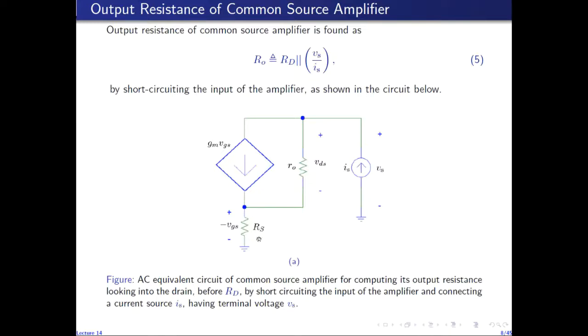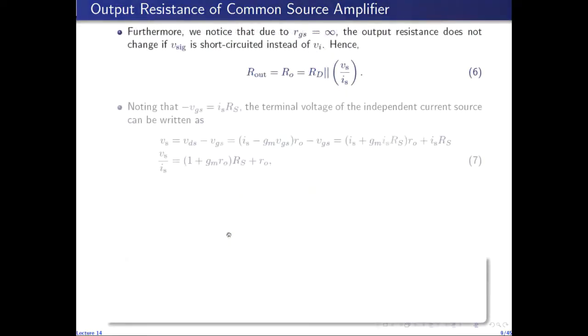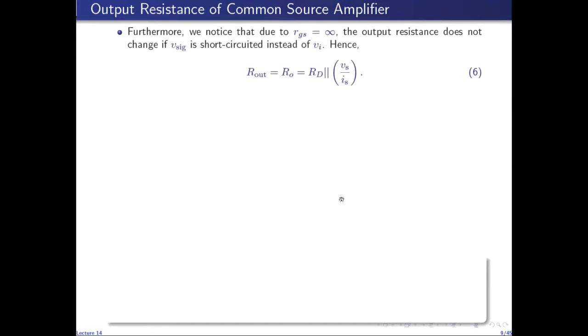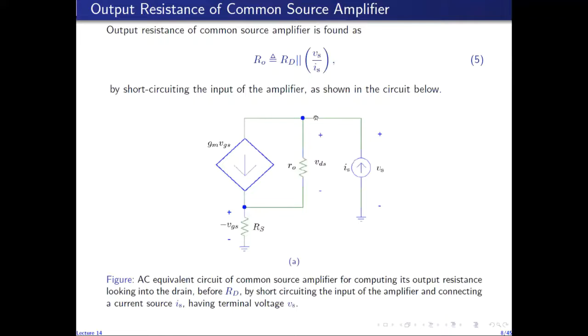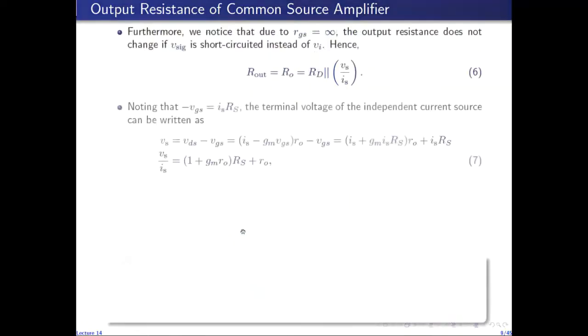So the current through RS is Is. And IS-RS is the voltage at the source, which is equal to minus VGS. So minus VGS is IS-RS. And then we can write Vs, which is the voltage of this node with respect to ground, as the sum of VDS plus the voltage at the source, which is minus VGS. So Vs is VDS minus VGS.